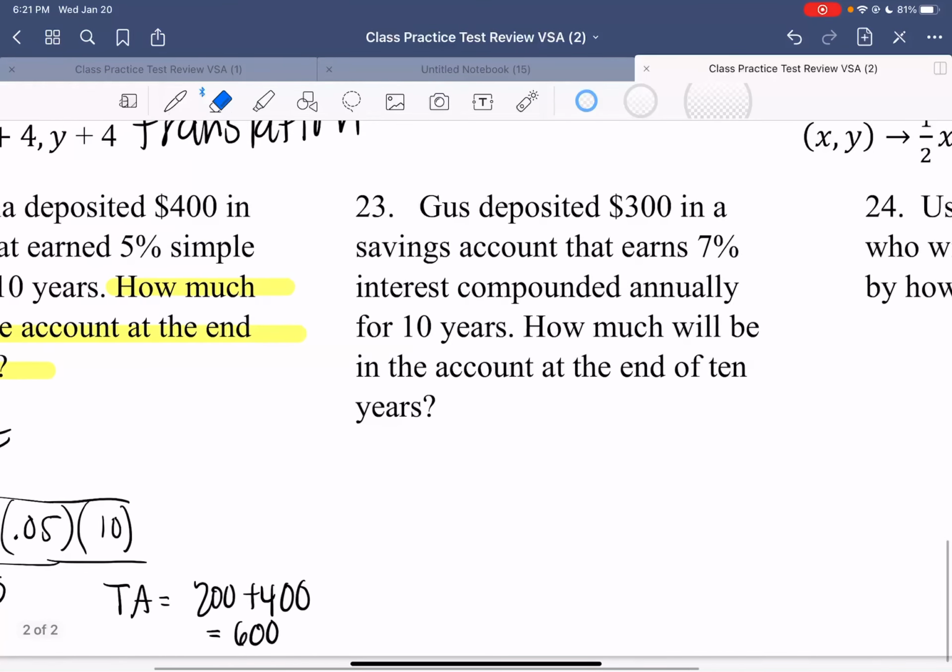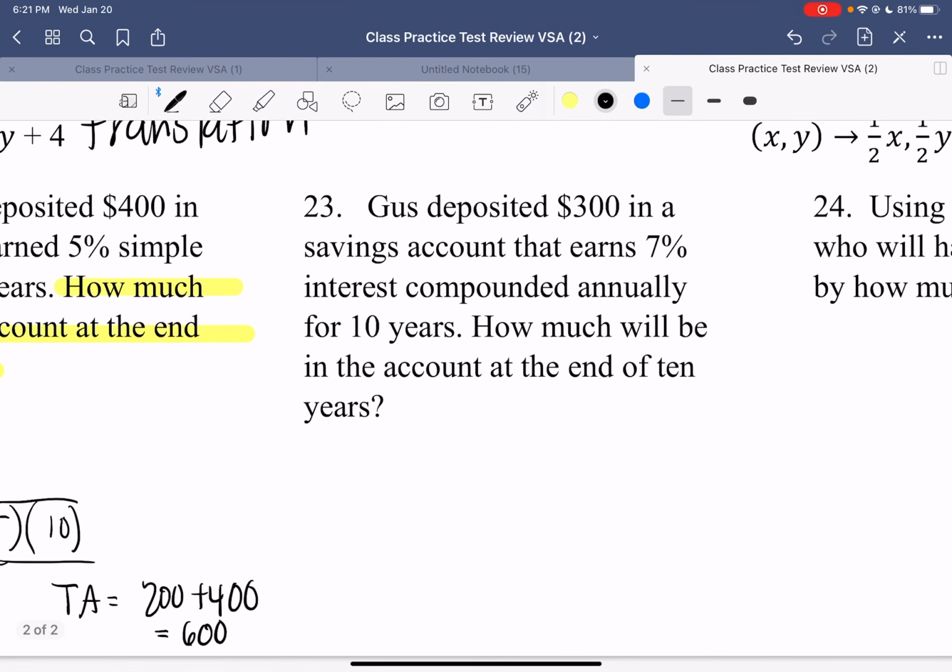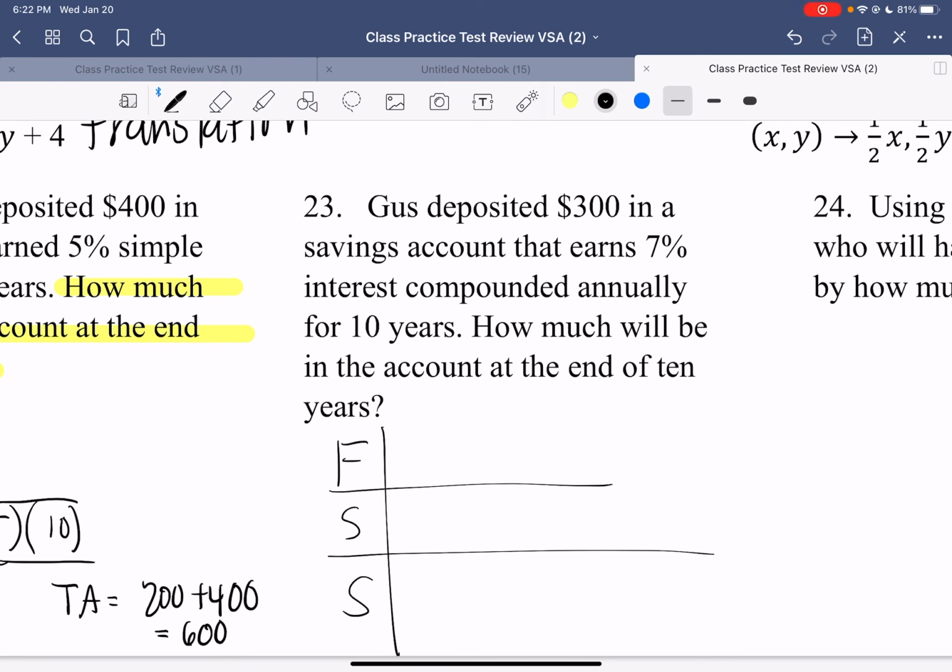All right, so then Gus deposited $300 in a savings account that earns 7% interest compounded annually for 10 years. How much will be in the account at the end of 10 years? So we're looking at compound interest, which our formula reads A equals the principal times 1 plus the rate to the t power.